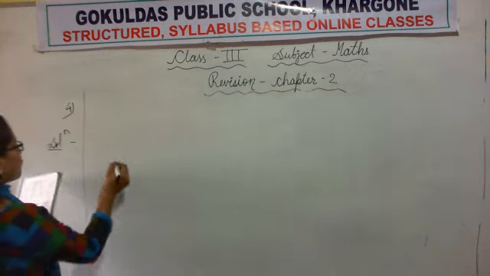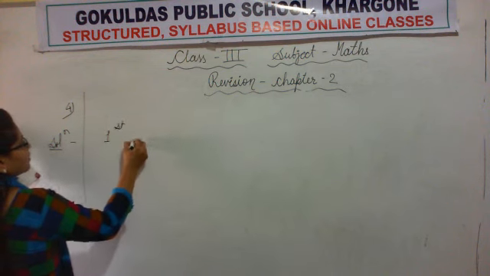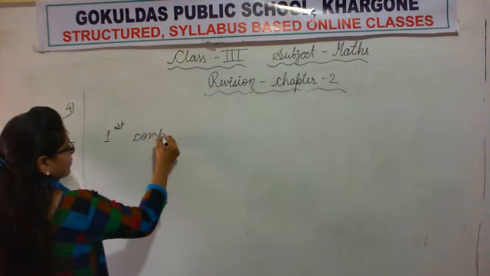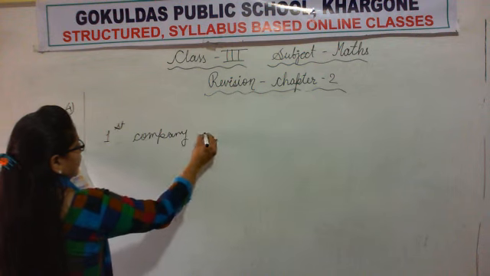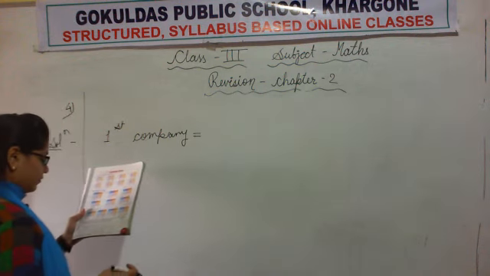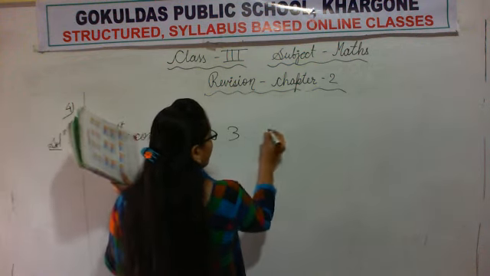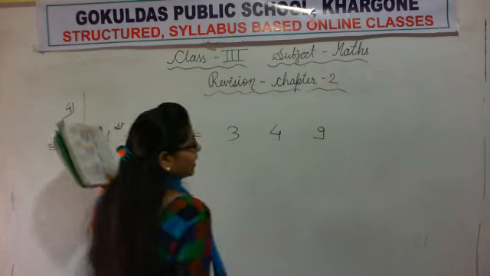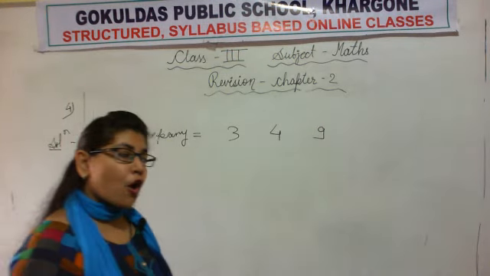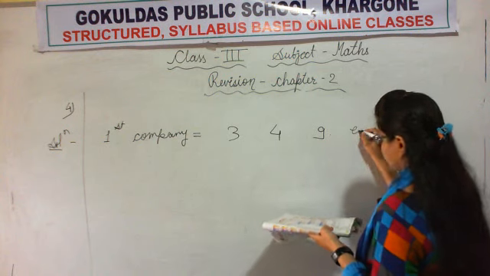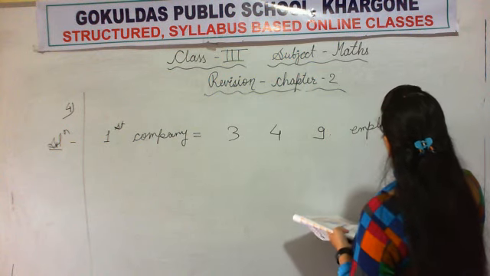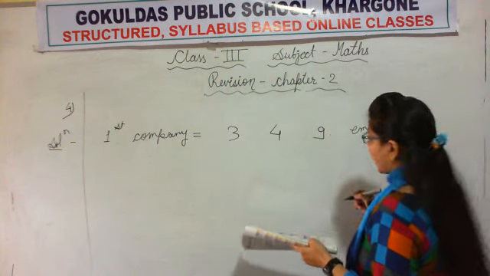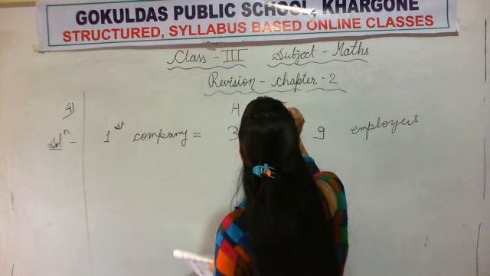So let's write about the first company. How many employees are there? 349. 349 what? Employees. So we will write employees also. Okay. And we will write the place values also.